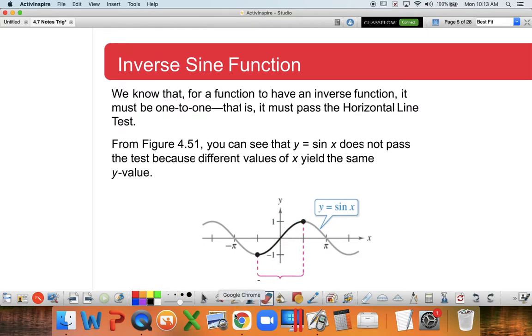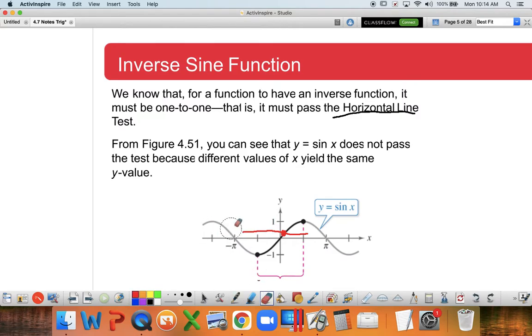So now the question becomes, does sine have an inverse? Well, if we remember back from pre-calculus, in order to have an inverse function, it must pass the horizontal line test. Yet when I draw a horizontal line here, I hit sine in two separate places. So that tells me sine must not have an inverse function. We can just kind of go on our merry way and be done with it.